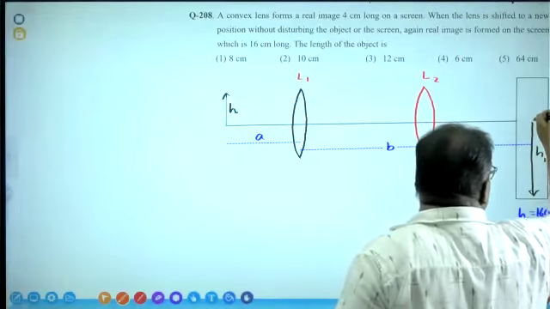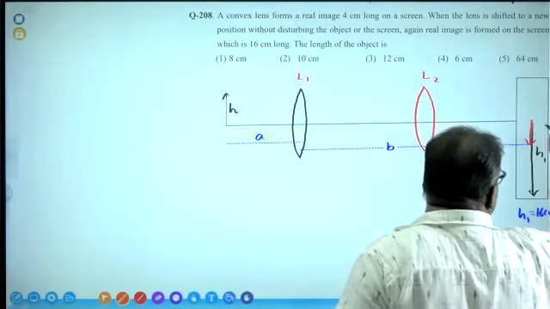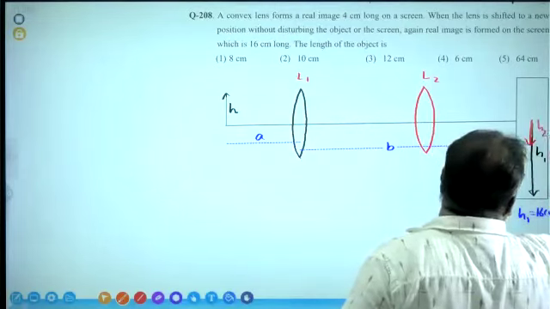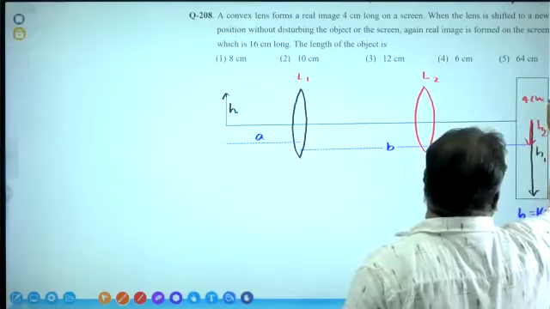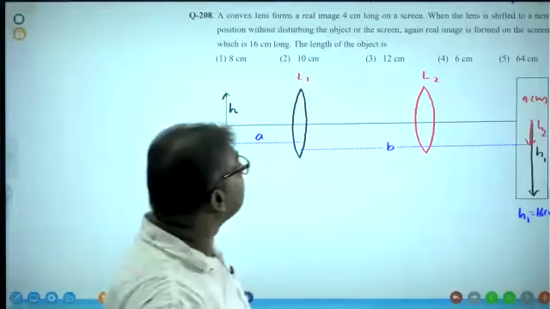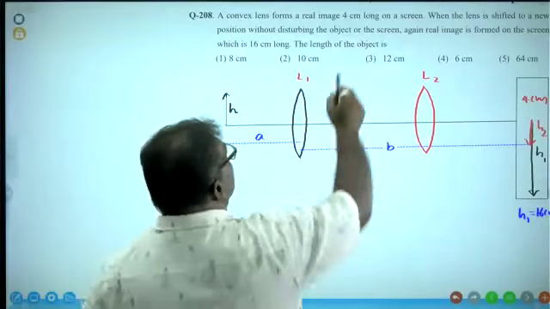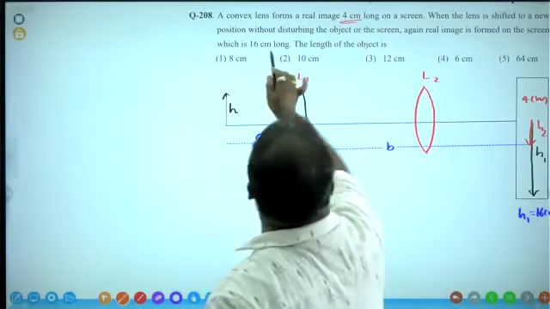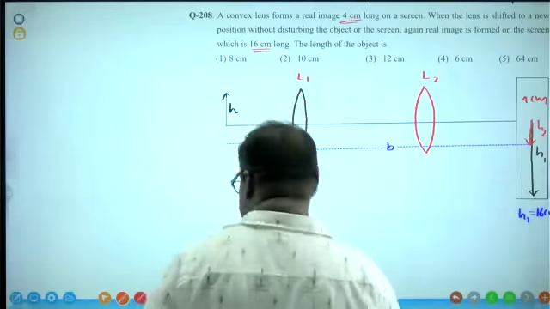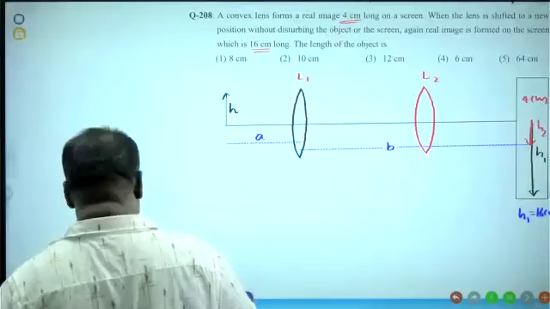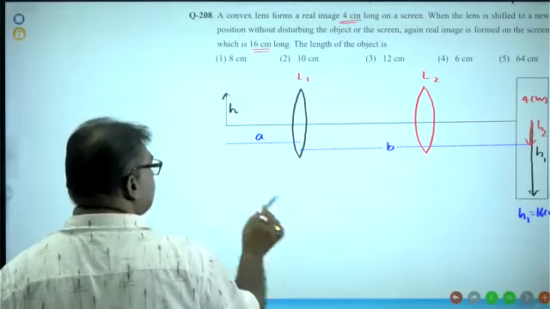Then a small image will be resulted on the screen. Let it be H2. H2 is 4 centimeter. Initial one 16, second one 4, according to the given values, right? Okay, done.